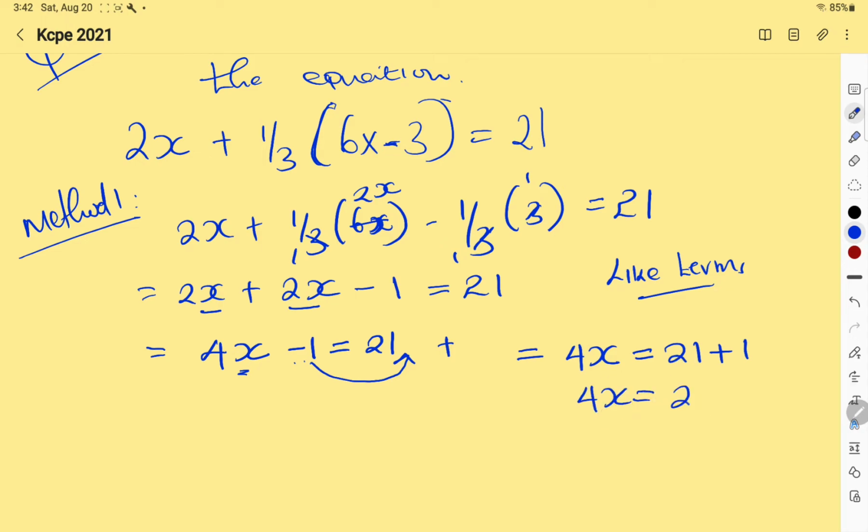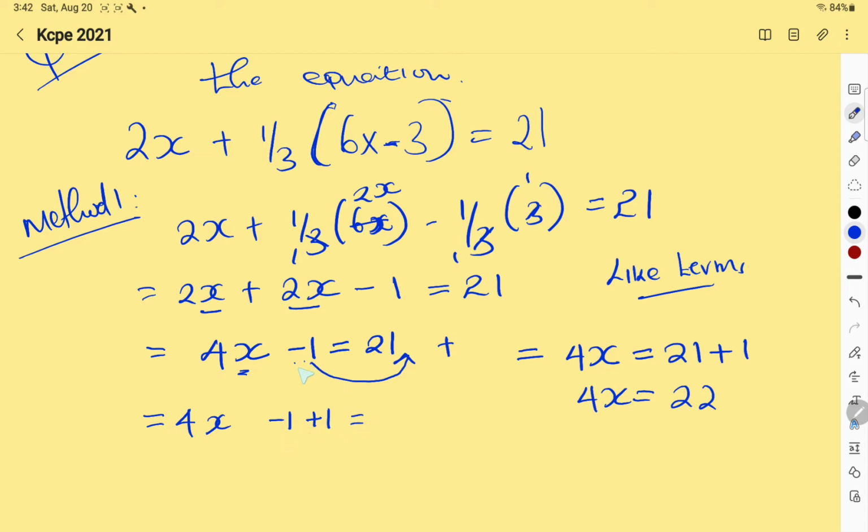which is equal to 22. So let me explain why the minus becomes an addition sign, because you want to be left with 4x on this side. This is kind of a shortcut, because if you want to be left with 4x, you take this minus 1, and then because you want it gone, you add 1.